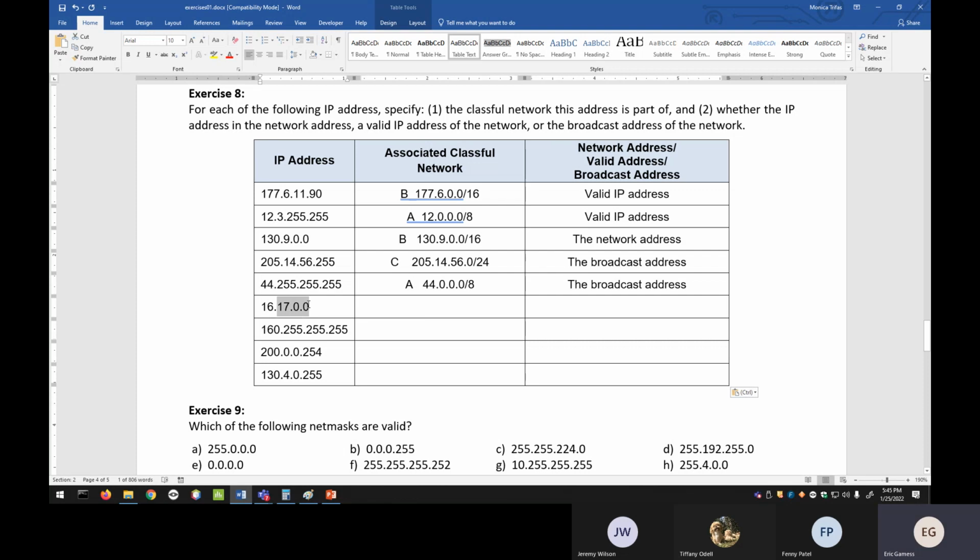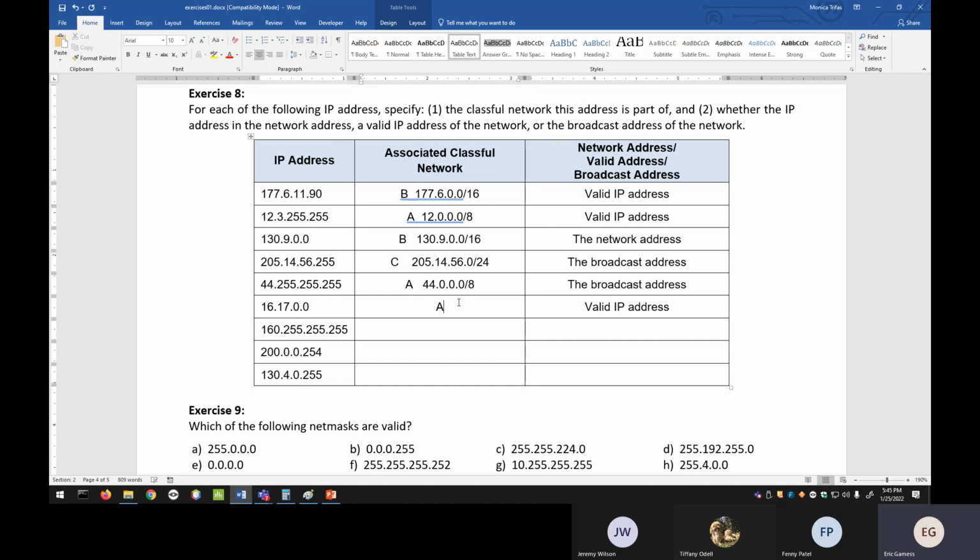So if I want the network address, I have to put them 000. If I want the broadcast address, I have to put 255, 255, 255. Okay? So this is a valid IP address. We have many valid IP addresses.